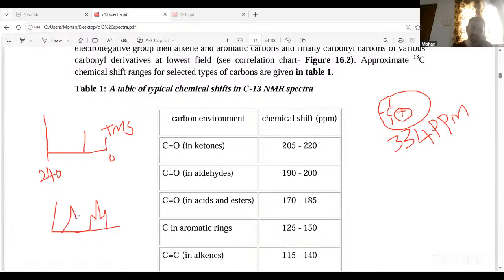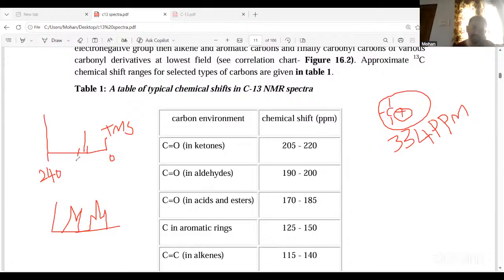That signal multiplicity is observed in H1 NMR spectra. But in the C13 spectra, there is no splitting pattern; you have only lines. If there is a multiplicity, you can see the lines adjusted accordingly.